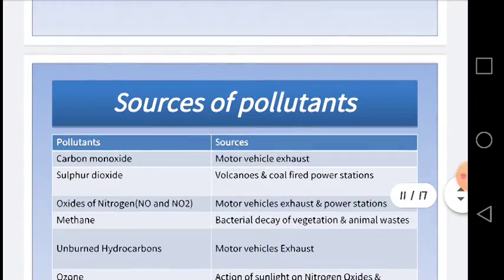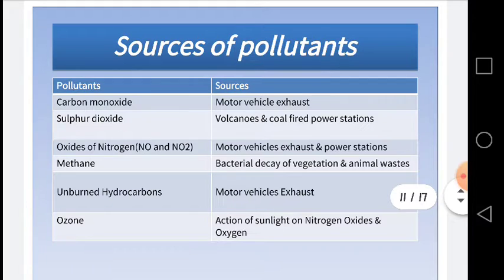Now we are going to focus on the sources of these pollutants.